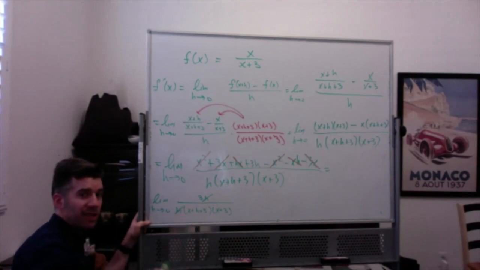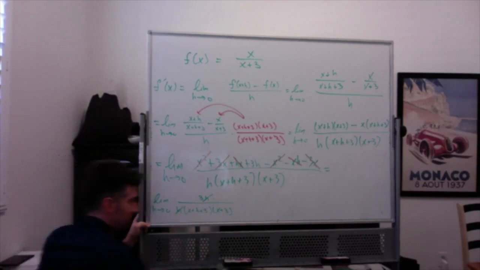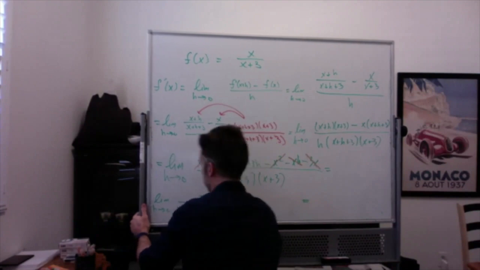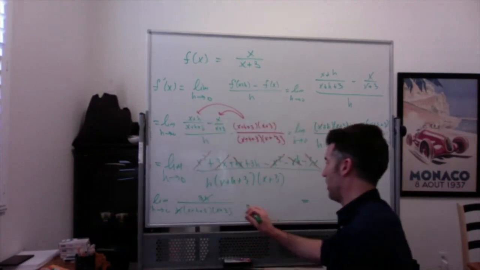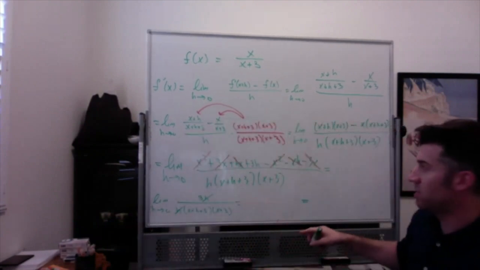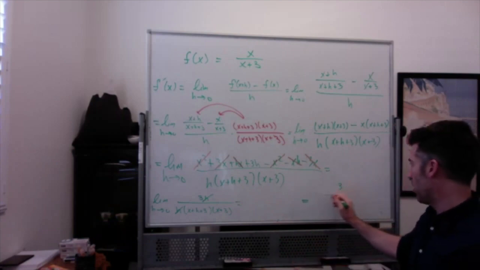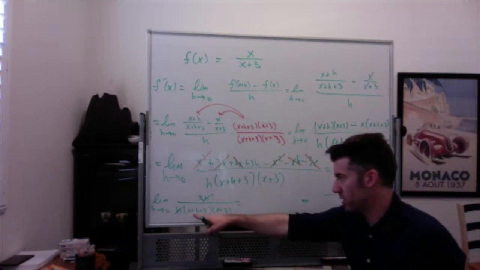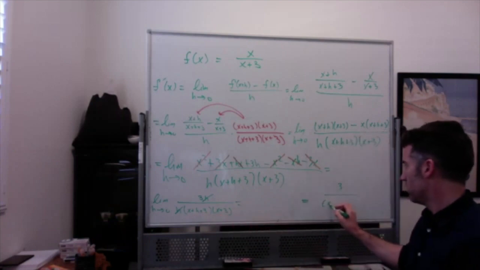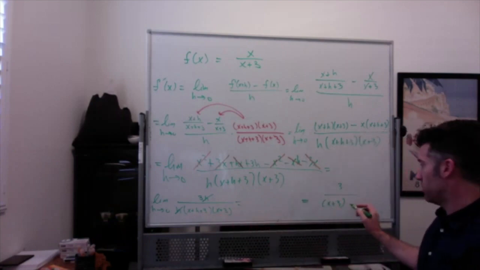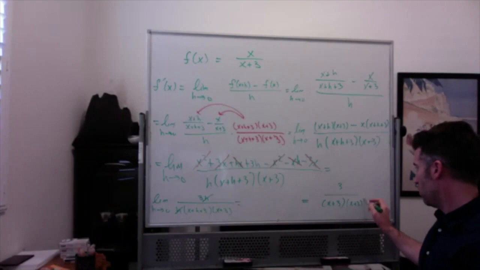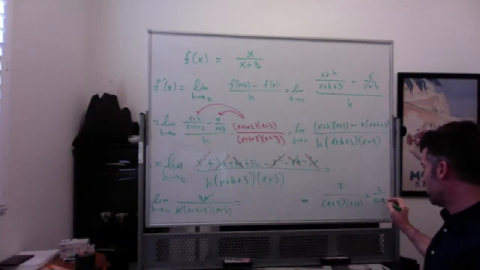I personally like to write one more step, but you can just say, well, now the rest of the h's go to 0. So I get 3 over x plus 0 plus 3 times x plus 3, which is 3 over x plus 3 quantity squared.